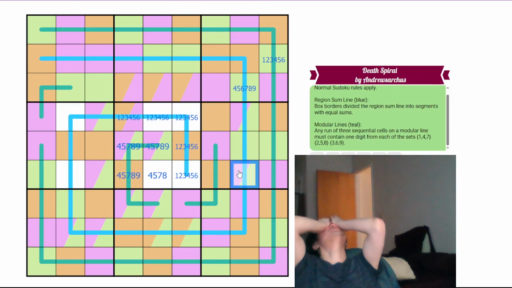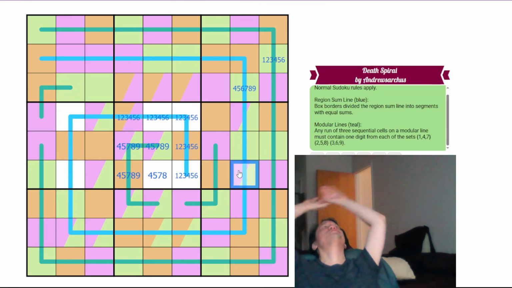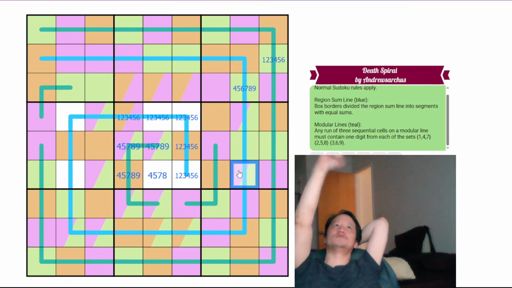17. Okay, so how do we add up to 17 with the different modulos? For double 1 mod 3, you can't have 1 4. You have to have 1 7 or 4 7.